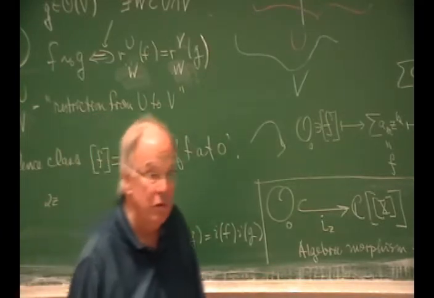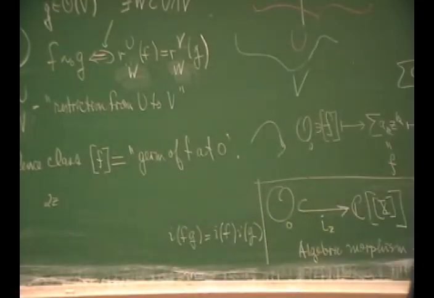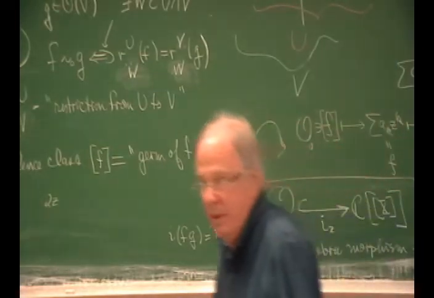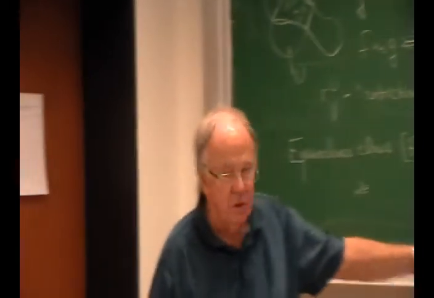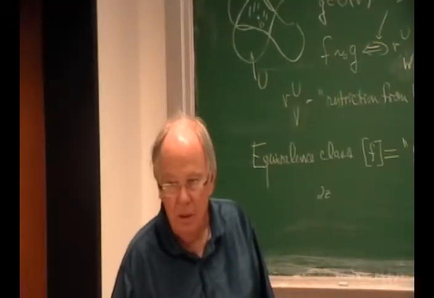That's a good statement. It also means that this is actually an injection, so the dimension of O as a vector space has to be at most countable. It's clear that the dimension of the formal power series is countable.